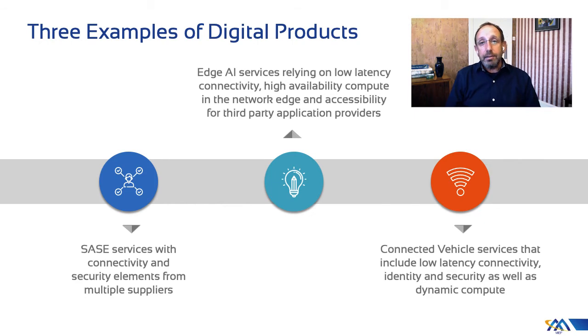And the third example of digital product leads on from what we were hearing from the panel earlier with Kevin Vachon and Chris Ballinger from MEF and Moby, and Jason from Capacity, who were explaining how there's an emerging market for connected vehicles or mobility, where the compute is actually going to reside on the mobile edge or the vehicle edge.